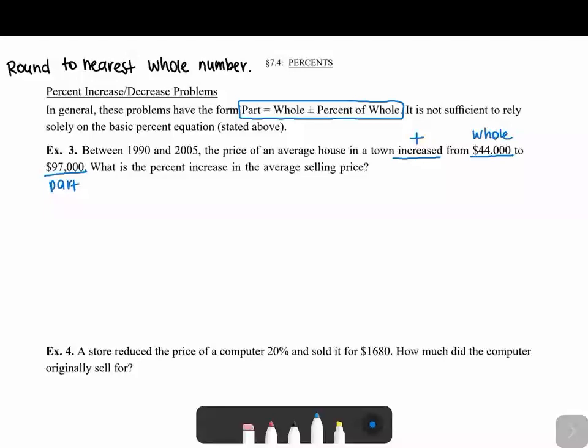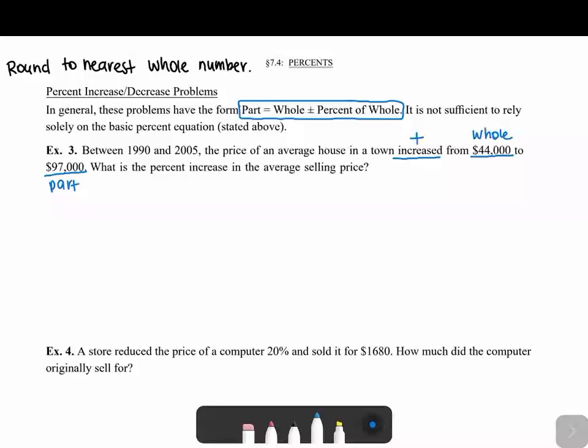That's going to vary problem to problem. Even though it's not currently 2005, 2005 is the later date. So the whole is the initial value and the part is really like the ending value.